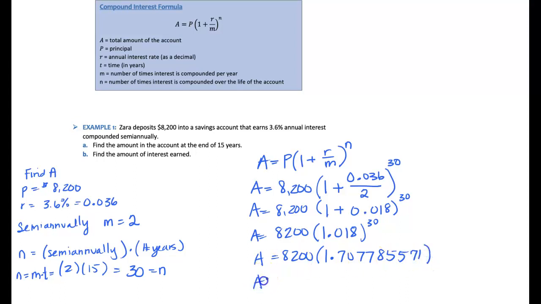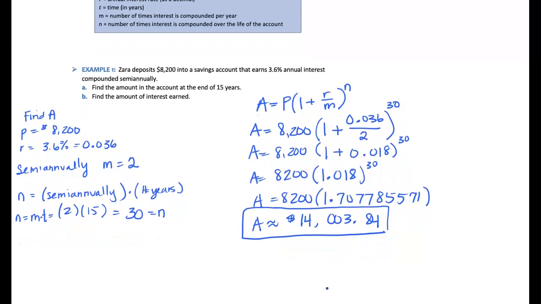And then we're going to multiply by 8,200. And I'm going to go ahead and round to 2 decimal places since we're working with money, $14,003.84. So at the end of the 15 years, the account will become worth $14,003.84.